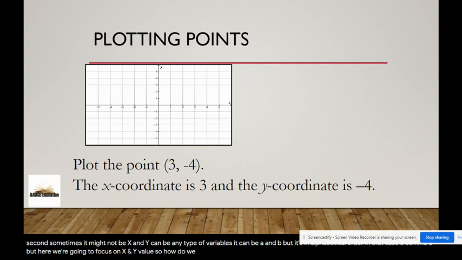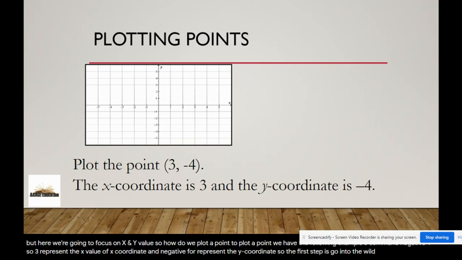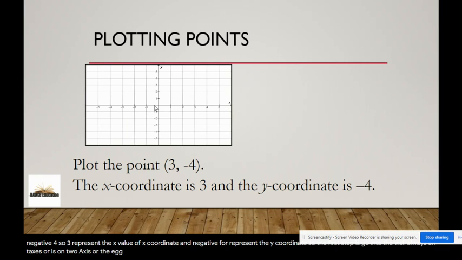So how do we plot a point? To plot a point, we have the following example, 3, negative 4. So 3 represents the x value or x coordinate, and negative 4 represents the y coordinate. The first step is go to the horizontal axis, the x-axis, and find the value 3.